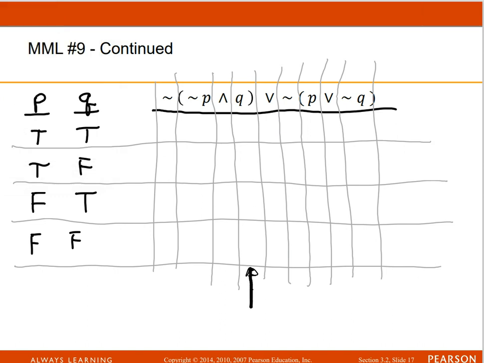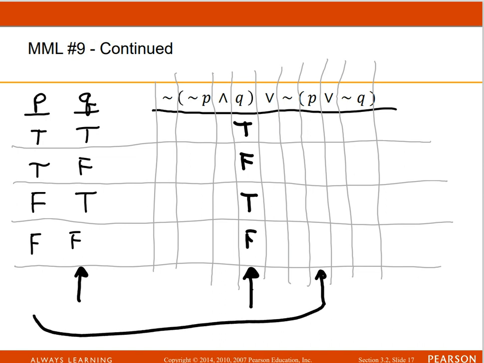This one here, because it just says Q. So I'm going to come over here to the Q column and just copy true, false, true, false. And down here I have a P. So for this one, I'm just going to come over here and look at what P is, and that's true, true, false, false. So I'm just going to copy that. True, true, false, false.